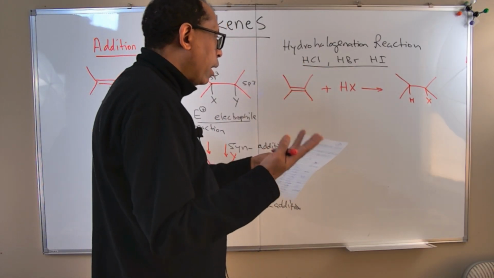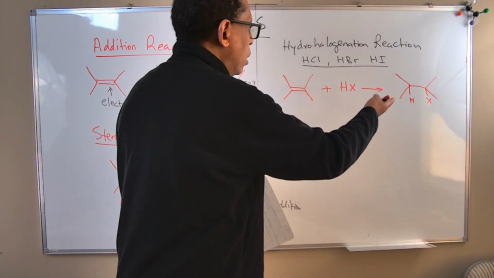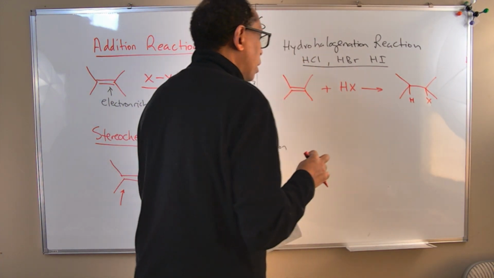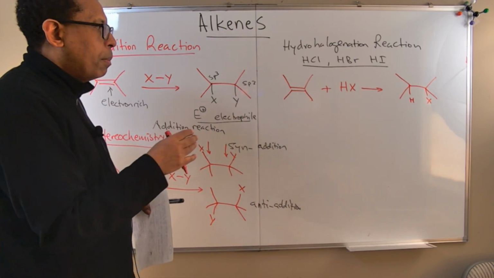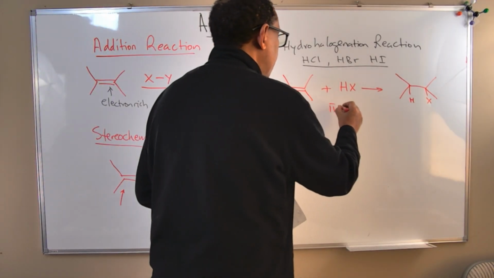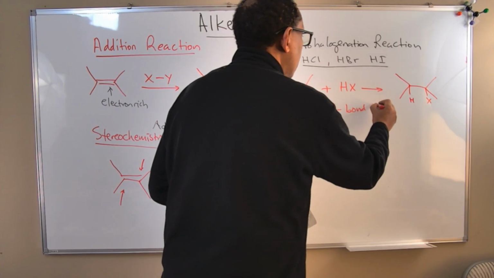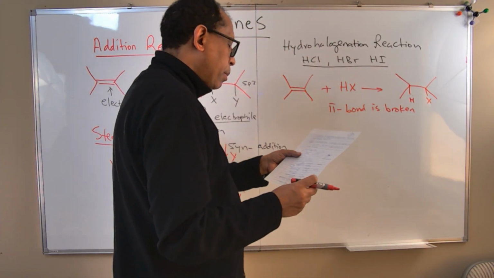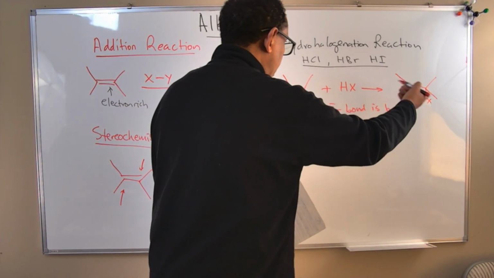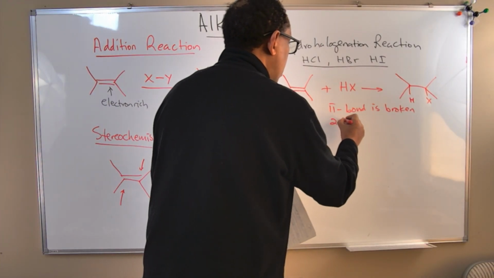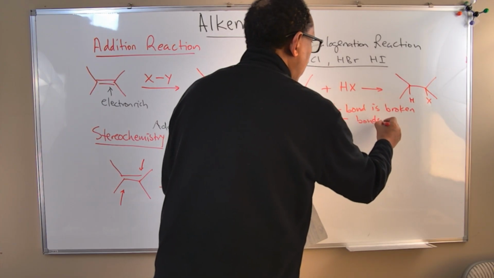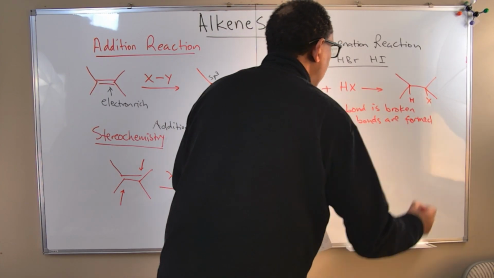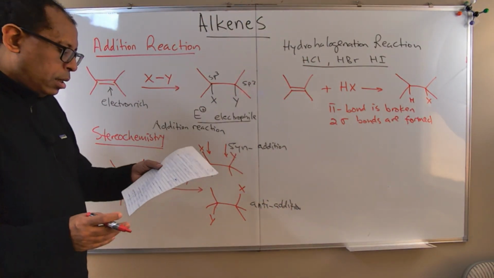So new sigma bonds are formed. One sigma bond is formed here, and one sigma bond is formed here. By breaking the pi bond, you are making two sigma bonds. So that is the hydrohalogenation.